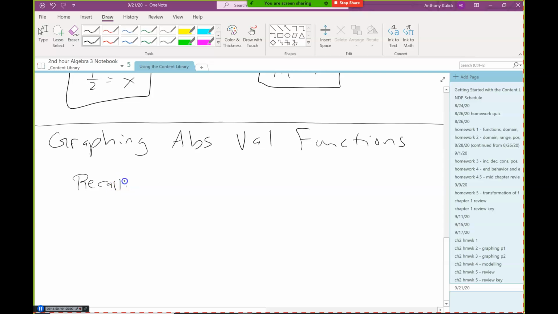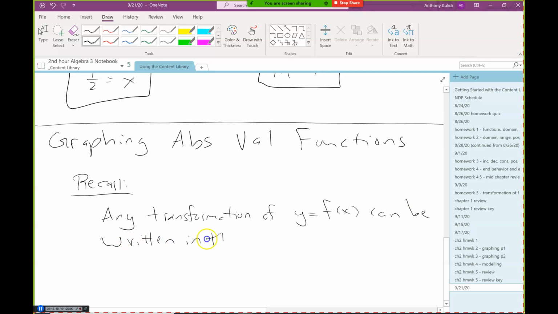So there's 2 big ideas from last chapter that we're going to use in order to kind of develop a system to do this.